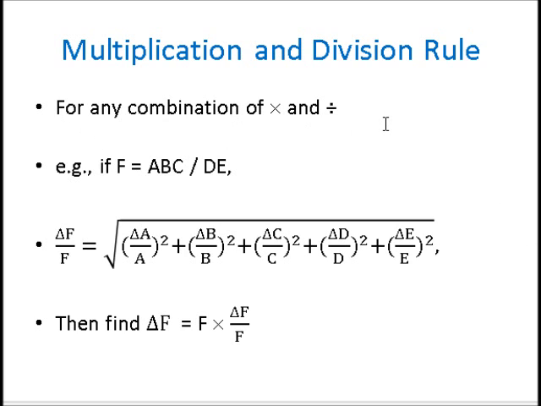If you have any combination of multiplication and division, say F equals A times B times C divided by D times E, then all you say is the relative uncertainty, delta F over F, is equal to the sum of the squares of the relative uncertainties square rooted. And when you calculate this number, then delta F is found by multiplying the value of F by this relative uncertainty.